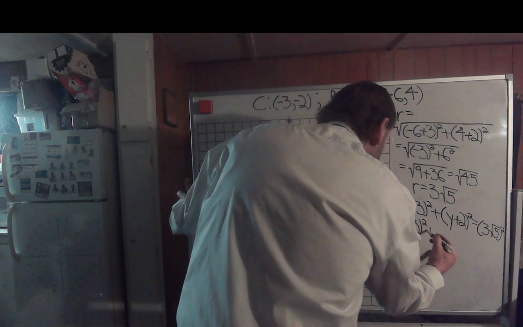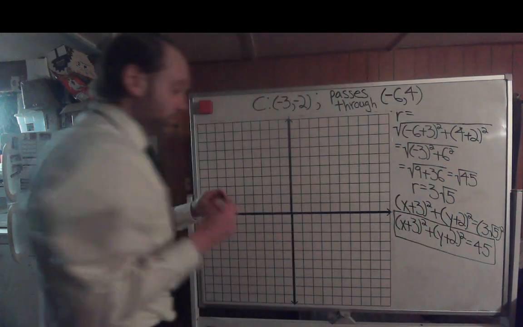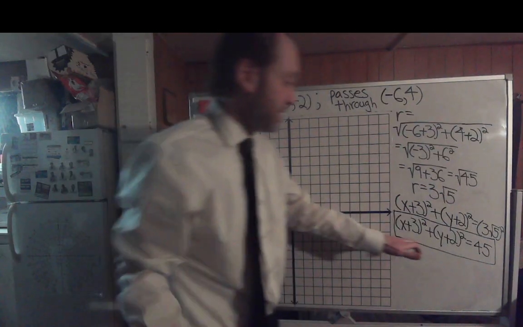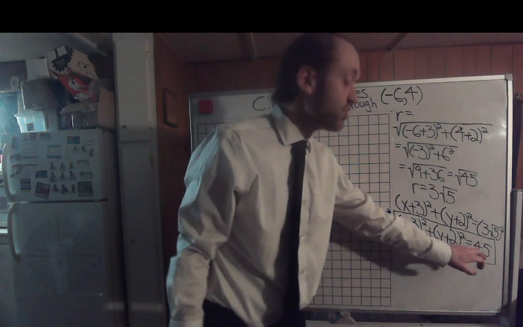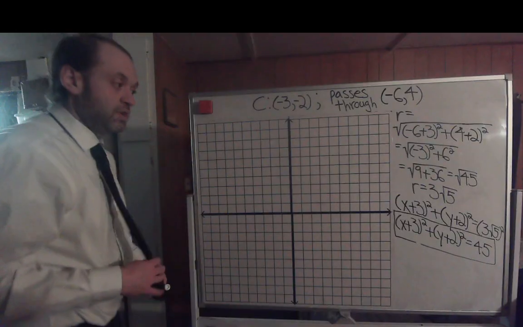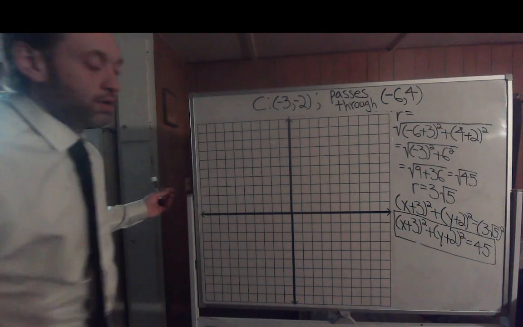So really and truly, you should get x plus 3 squared plus y plus 2 squared equals 45. So the equation of this circle you should get is x plus 3 squared plus y plus 2 squared equals 45. I think we could do one more, then I think we get the idea.